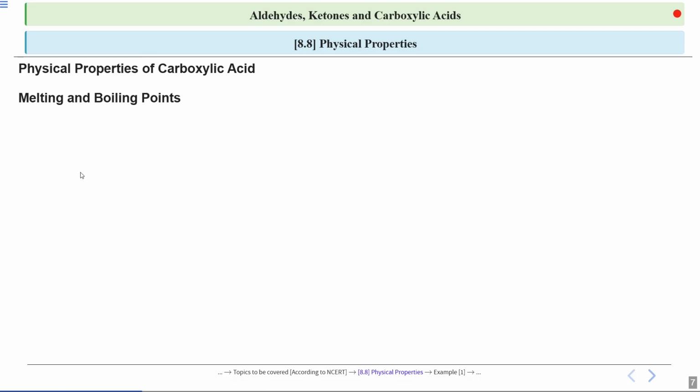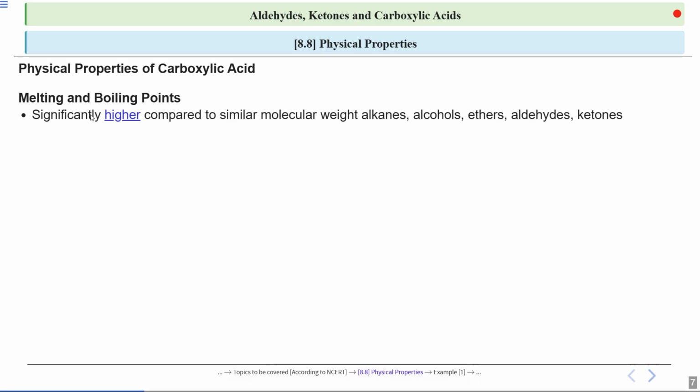Now we will examine the melting and boiling points of carboxylic acids. They are significantly higher compared to other compounds of similar molecular weight like alkanes, alcohols, ethers, aldehydes, and ketones. Now, what is the reason why they have higher melting and boiling points?